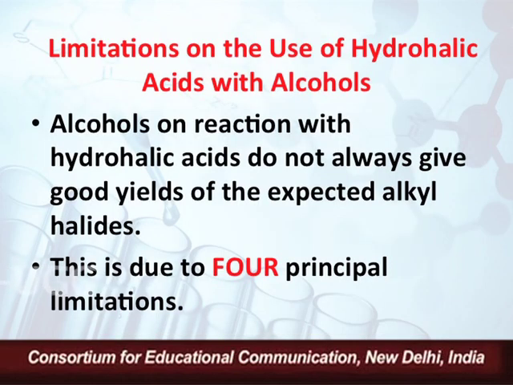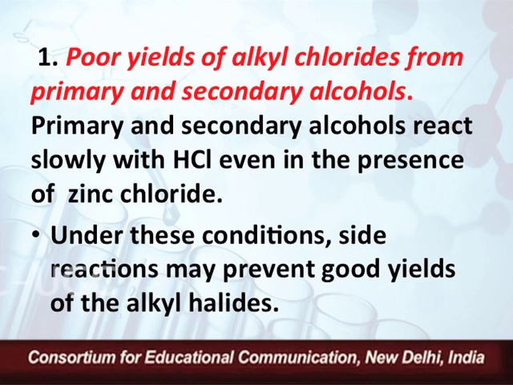Now let us look into the limitations of hydrochloric acid with alcohols. Alcohols on reaction with hydrohalic acids do not always give good yields of the expected alkyl halides. This is because of the 4 limitations that it has. First of all, we get a poor yield of alkyl chlorides from primary and secondary alcohols.